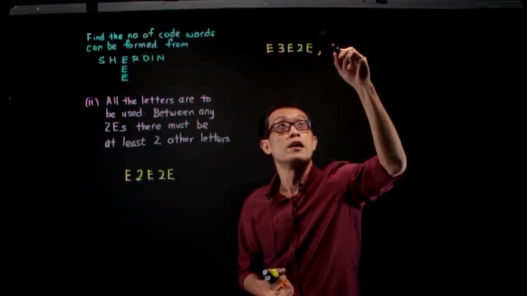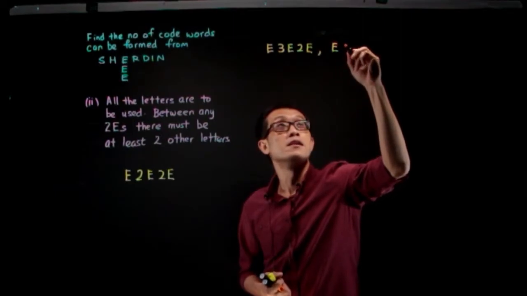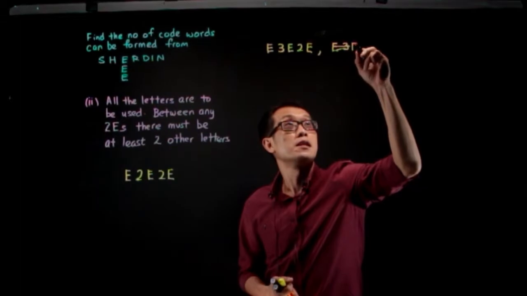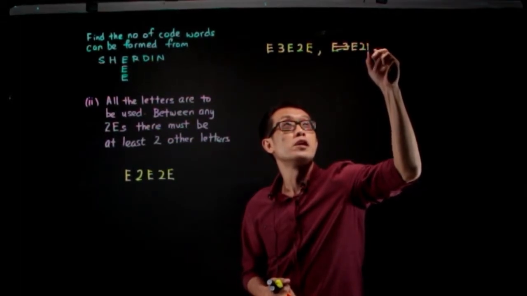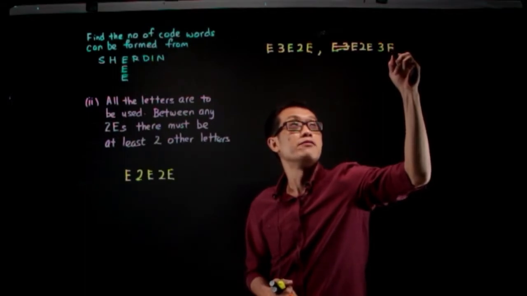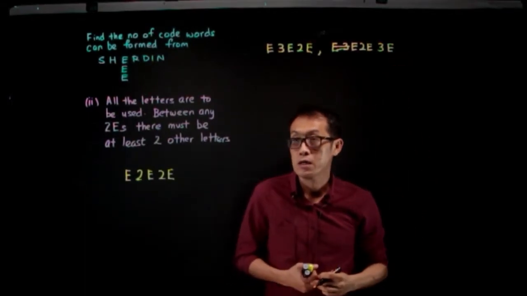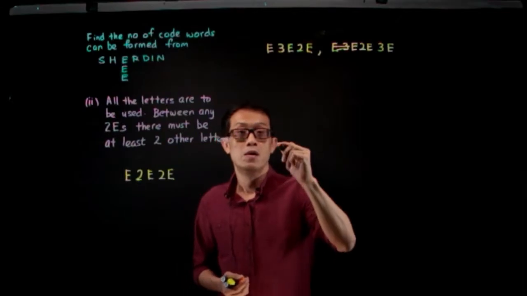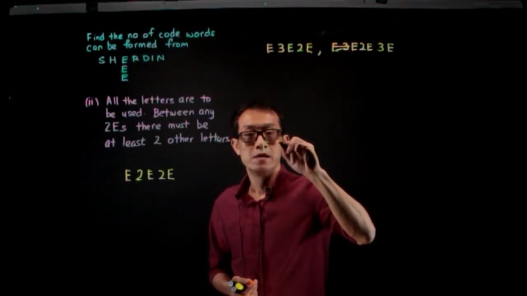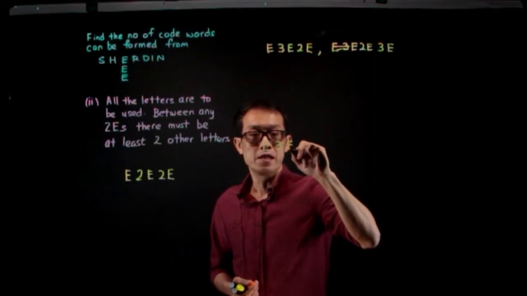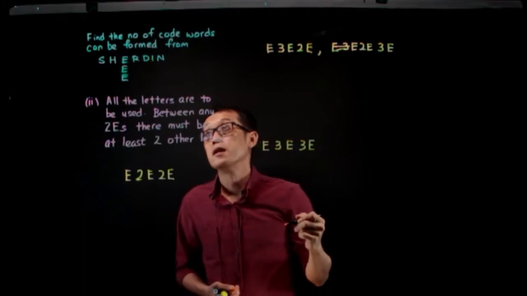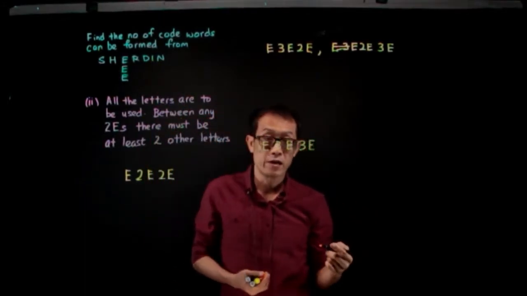Now, or you can have E, 2E, then followed by 3 alphabets, then followed by E. Or you can have E, 3 alphabets, E, and then another 3 alphabets. Now altogether there are 6 different alphabets.